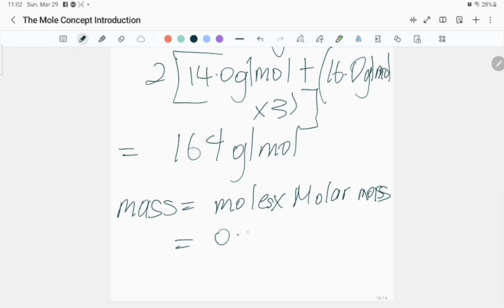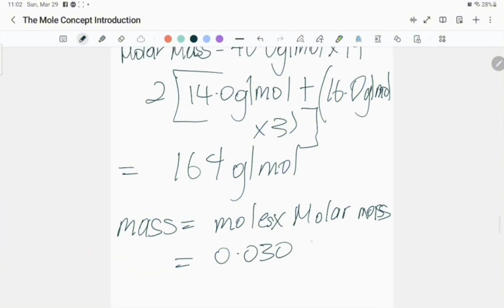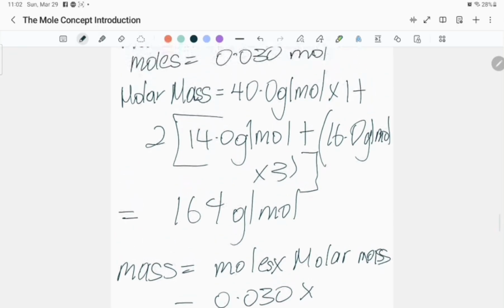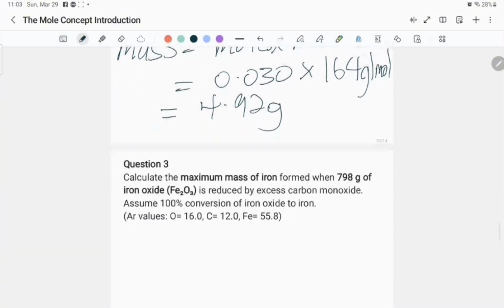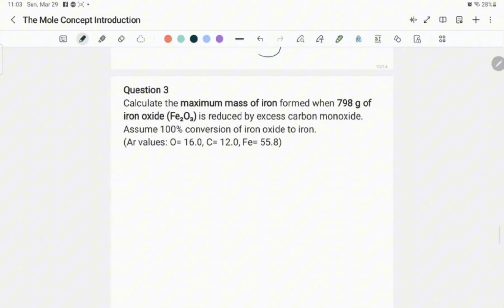The number of moles is 0.030 times 164 grams per mole. Then your answer will become 4.92 grams.